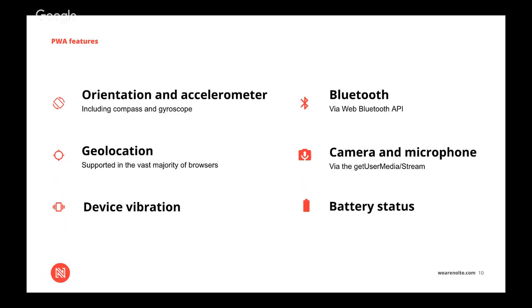The proximity sensor is already working on Firefox, and also coming is the fingerprint sensor that is available right now on Chrome beta for Android devices, and it's going to be integrated also with the Touch ID for iOS devices.